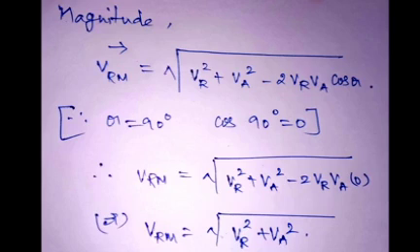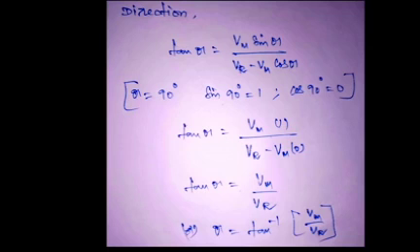Next, we are going to calculate the direction. To calculate the direction, we know the formula tan theta equal to Vm sin theta divided by Vr minus Vm cos theta. Again, theta will be equal to 90 degree, sin 90 value is 1 and cos 90 value is 0. Substitute in the formula, we get tan theta equal to Vm into 1 divided by Vr minus Vm into 0.